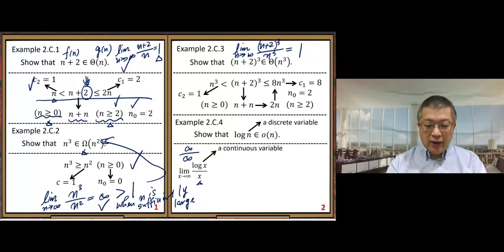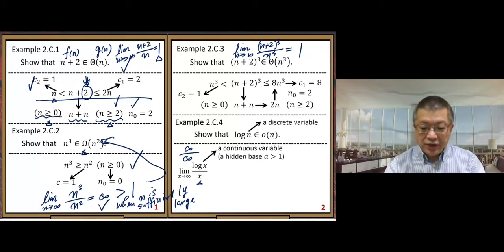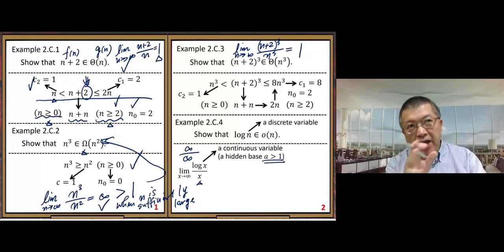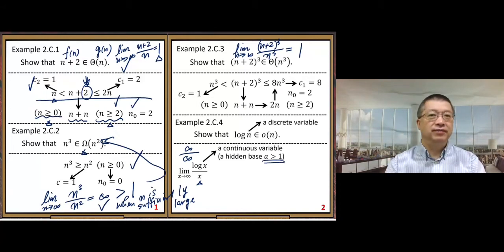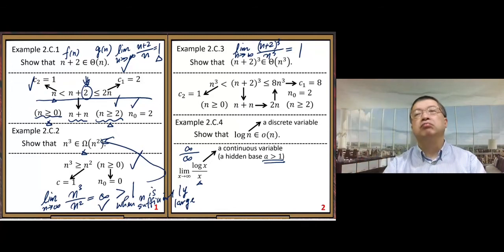All right. Then we can take the derivative. Hope you know the formula for the derivative of the logarithm. Because here we use some hidden base a that is greater than 1, and when we take the derivative, we need to use this number.